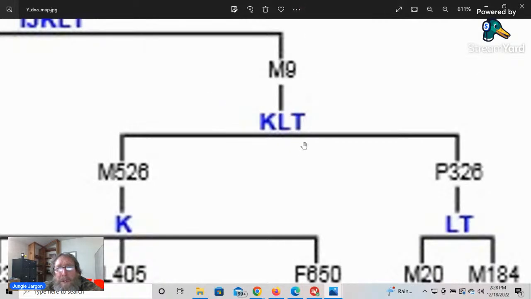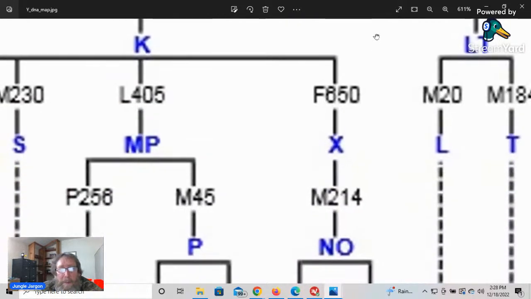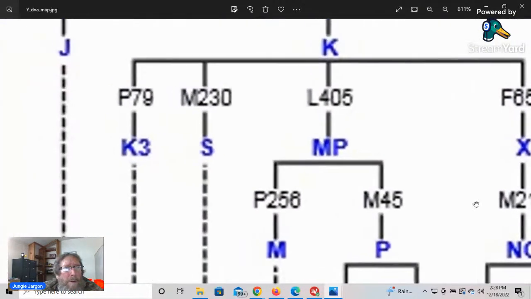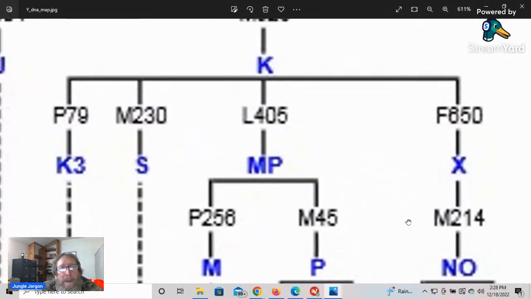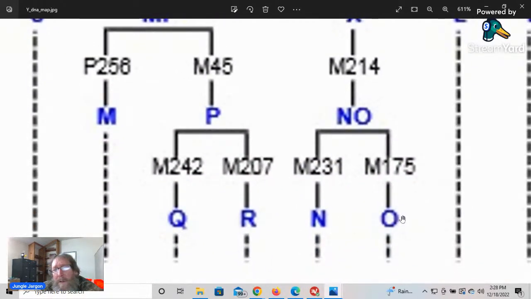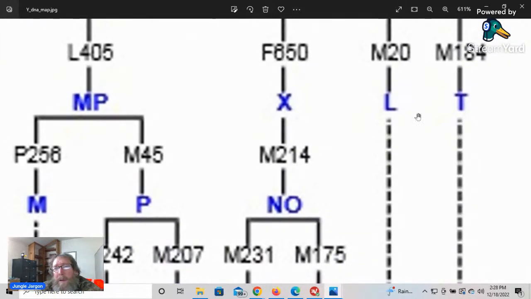If you root the tree here, which would be the Eurasian populations, because these are Eurasian populations here: the K, the S, the M, the Q, the R, the N, the O, the L, and the T. That's Eurasian populations. This T would be Javan in the Mediterranean, Greek Mediterranean Sea people.